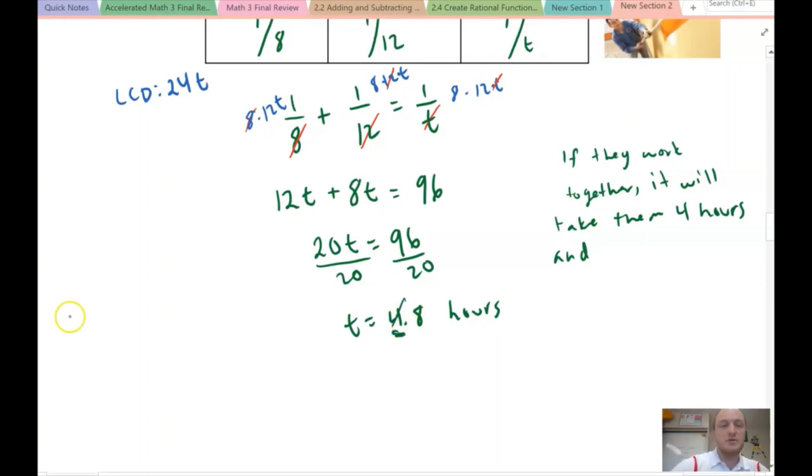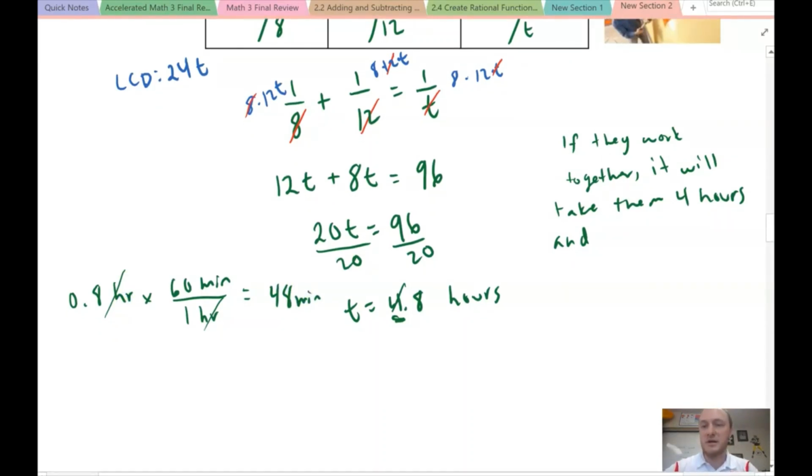So what I want to do is take 0.8 hours and multiply by 60 minutes. I want to convert from hours to minutes, okay? So my hours cancel, and when we multiply 0.8 times 60, we get 48 minutes. Okay, so it will take them 4 hours and 48 minutes to paint the room.